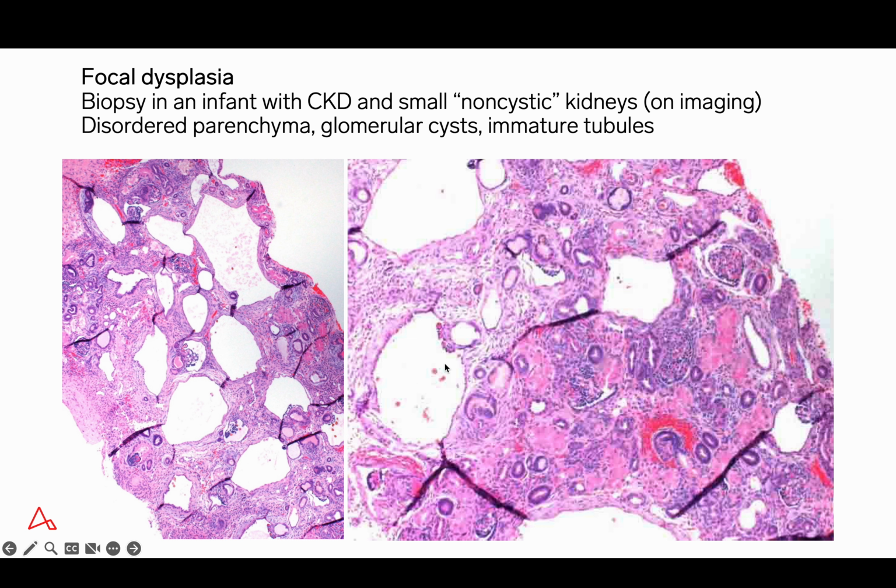Nonetheless, we have a glomerular cyst right here and a small glomerular cyst here. We have some immature metanephric tissue up here, and we have an occasional glomerulus that looks well formed with normal appearing proximal tubules. So an admixture of mostly dysplastic nephrons with some relatively normal appearing nephrons.